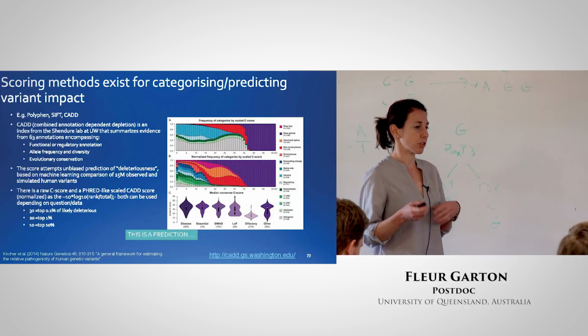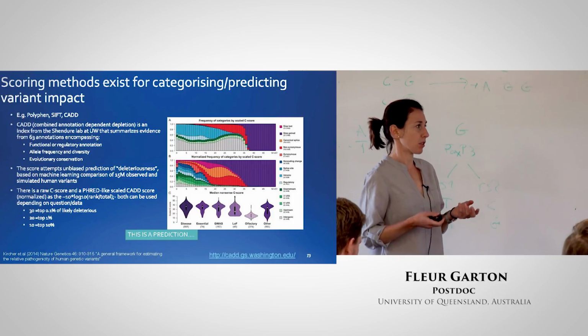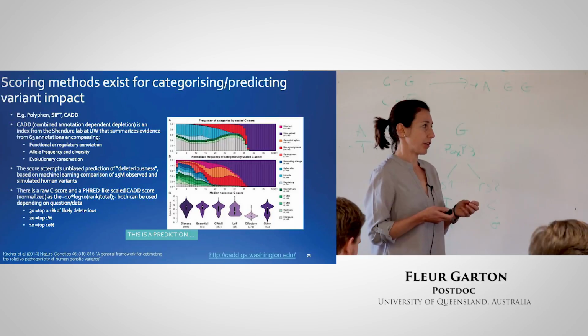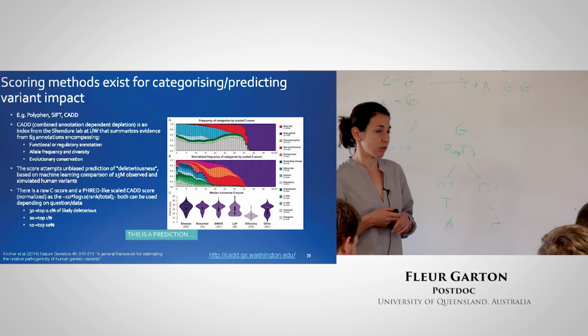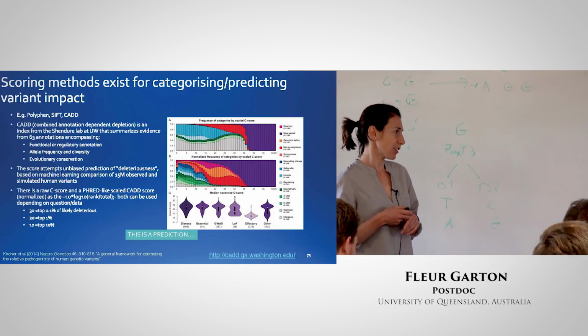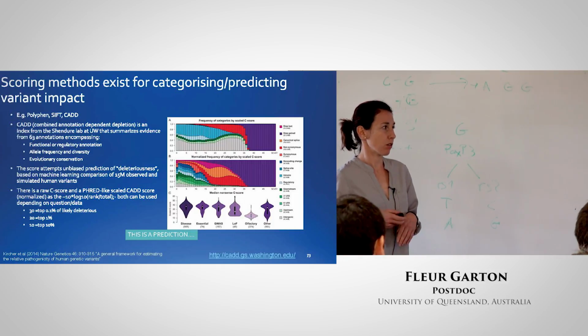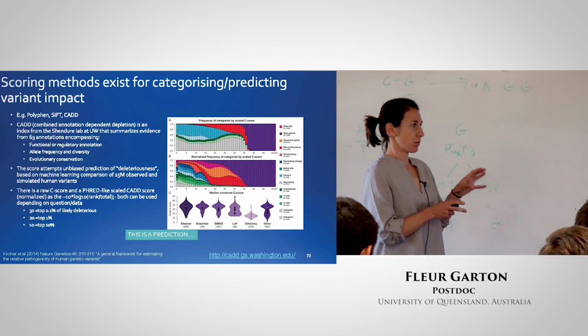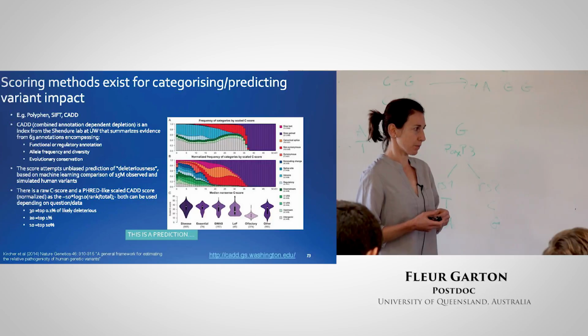So they're drawing from a lot of different pieces of information to understand the impact of a functional variant. It attempts to give you an unbiased prediction of deleteriousness, and this is based on a machine learning comparison of 15 million observed variants and also simulated human variants.